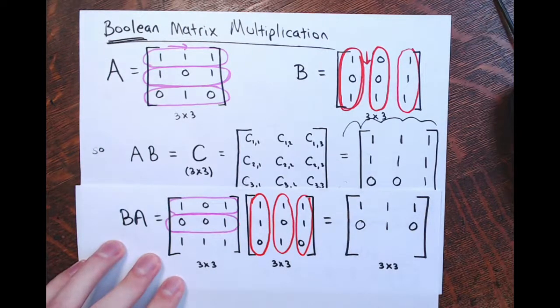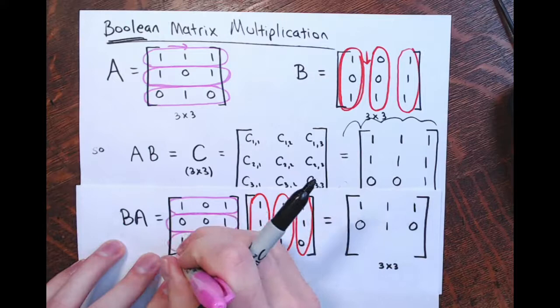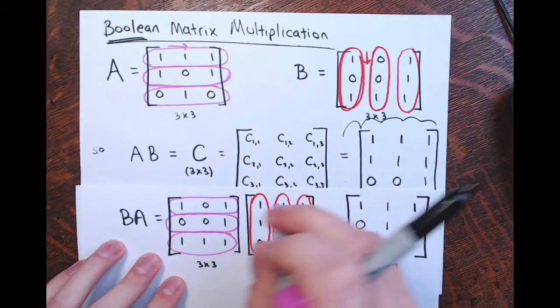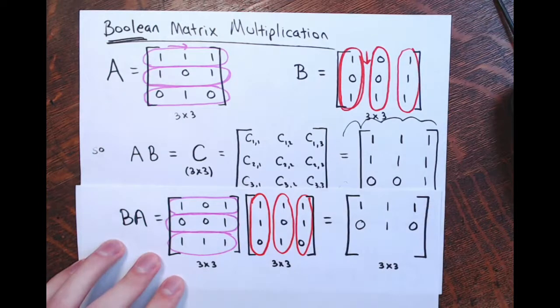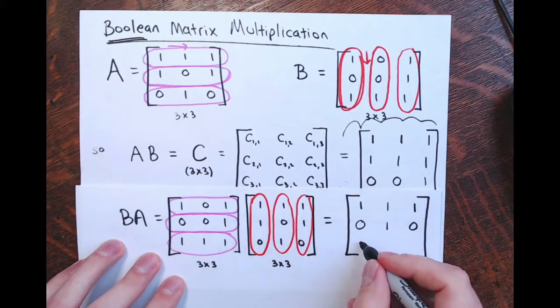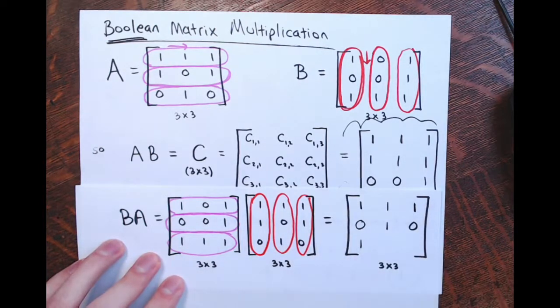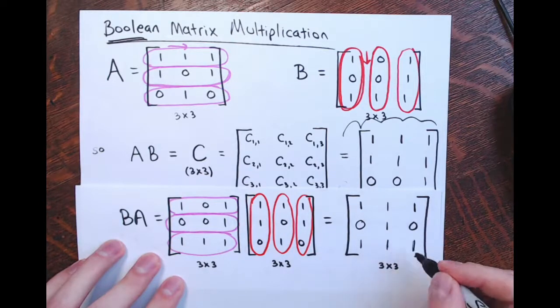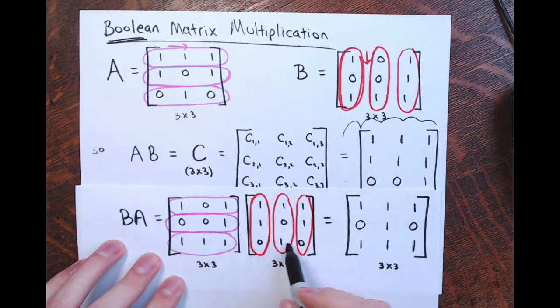And then finally, I'm doing the third row of the left with the columns of the right, doing the dot products. So I got 1 times 1. If there's ever a 1 times 1, the sum will be 1. So there's 1s in there, 1s in there. So it's going to be 1, 1. It'll be 1 times 1 plus 1 times 0 plus 1 times 1. And then 1 times 1 plus 1 times 1 plus 1 times 0.